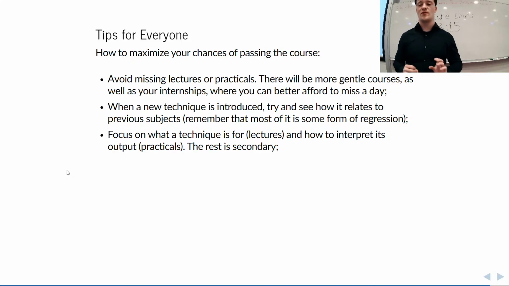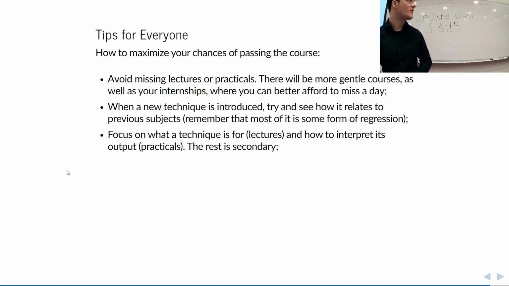For us, the most important thing is that you know what you need and how to interpret what it does. The rest is important to study at some point if you're going to continue a scientific career, but for the purpose of this course, it's secondary. The important stuff is what it's for and how you interpret the outputs.